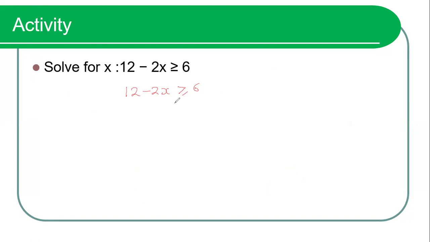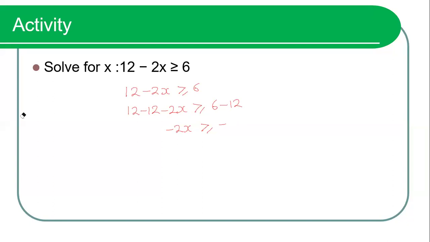So you consider your inequality as an equal sign. 12 is on the opposite side of the inequality, so in order to take it to the other side, we subtract. I'll say 12 minus 12 minus 2x is greater or equal to 6 minus 12. Since it is positive this side, once it crosses it becomes negative. So 12 minus 12 is 0. I end up with negative 2x is greater or equal to 6 minus 12, which gives us negative 6.